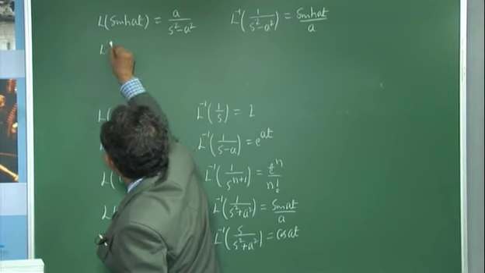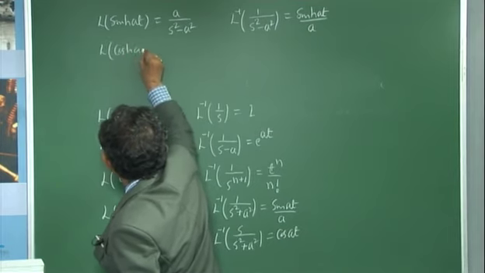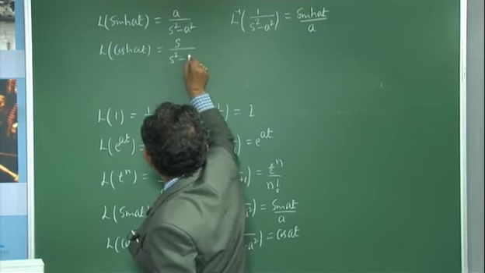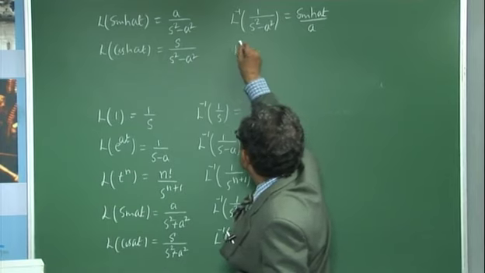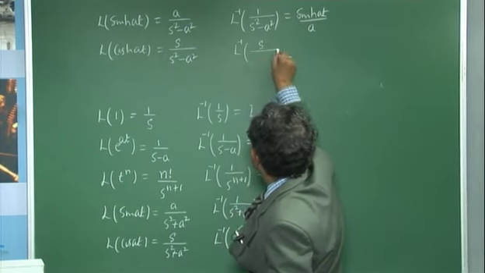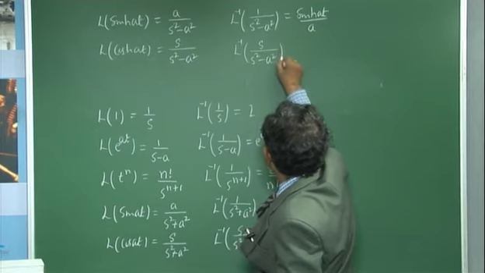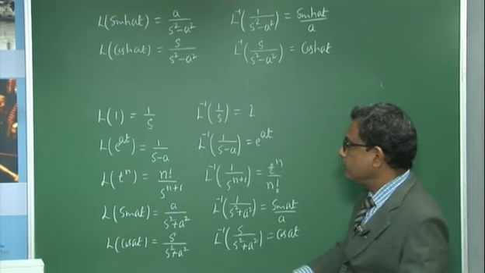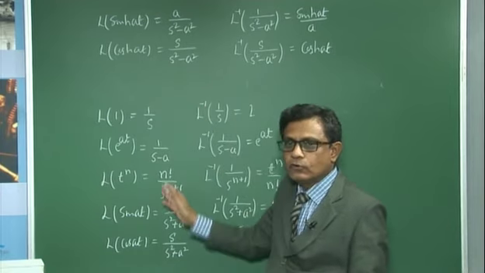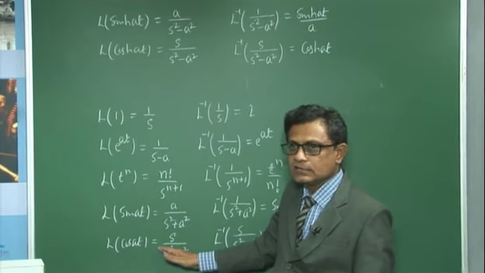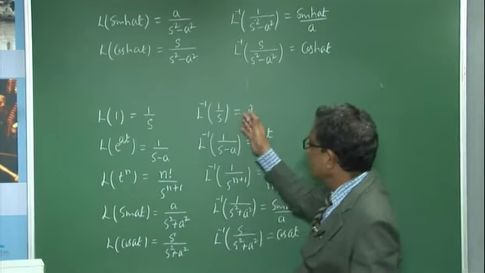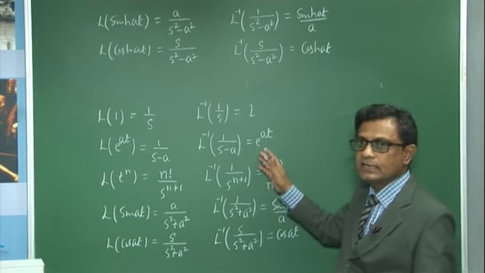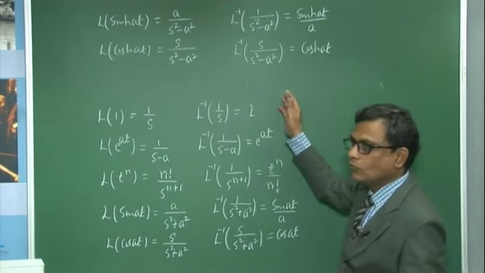Similarly, the last one, L of cosh at is s divided by s square minus a square. We can write L inverse of s divided by s square minus a square is cosh at. These are the basic 7 formulas in the Laplace transform. By this, we can write the basic inverse Laplace transform formulas.